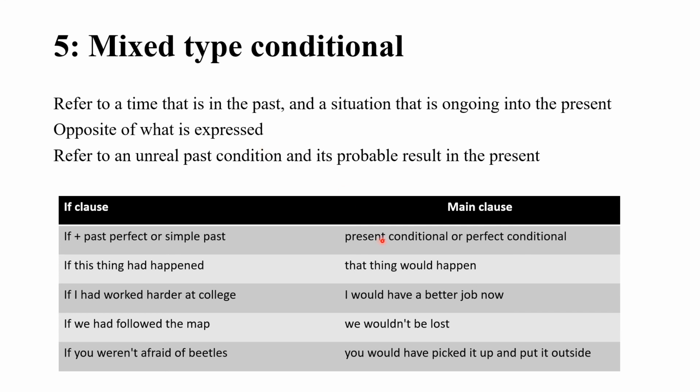In mixed type conditionals, the if clause is usually in past perfect tense and the main clause is usually in the present conditional. It's usually used to show that if this thing had happened, that thing would happen. If I had worked harder at college, I would have a better job now. Or, if we had followed the map, we wouldn't be lost. Another example can be, if you weren't afraid of beetles, you would have picked it up and put it outside.